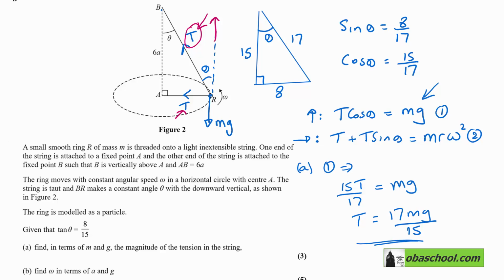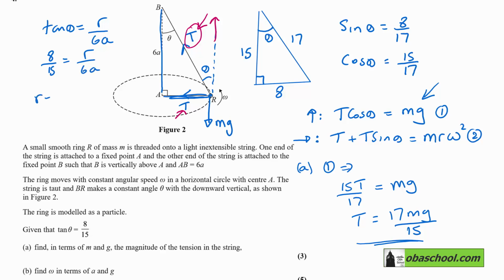So we know that this is 6a here, and the radius would be here. So tan theta would be equal to the radius divided by 6a. But we know that tan theta is 8/15.